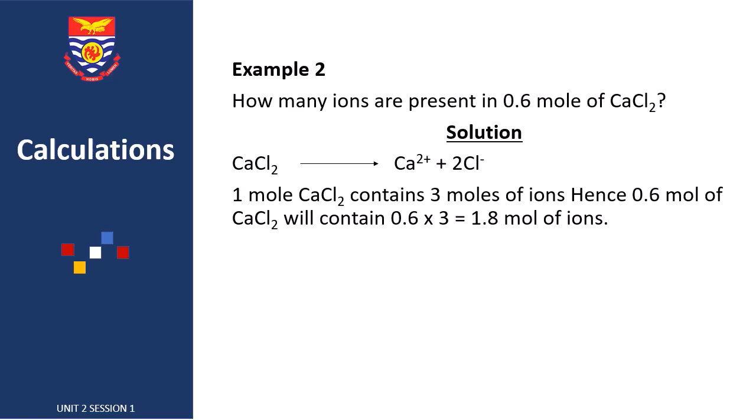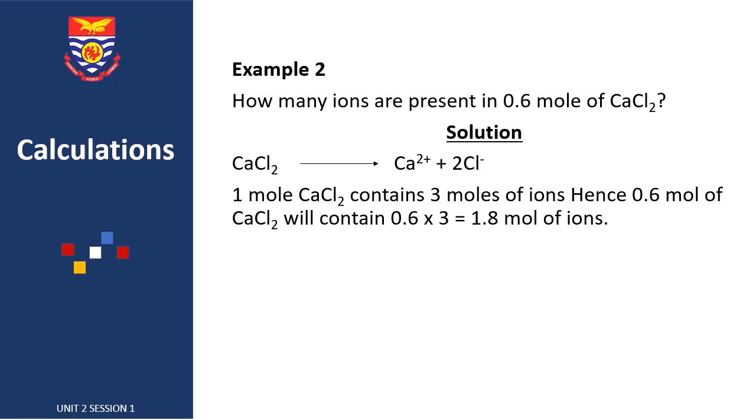So if 1 mole of the calcium chloride contains 3 moles of the ions, the calcium and the chloride ions, then 0.6 moles of the calcium chloride will give us what? That's going to give us 0.6 times 3. So we are going to have 1.8 moles of the ions.